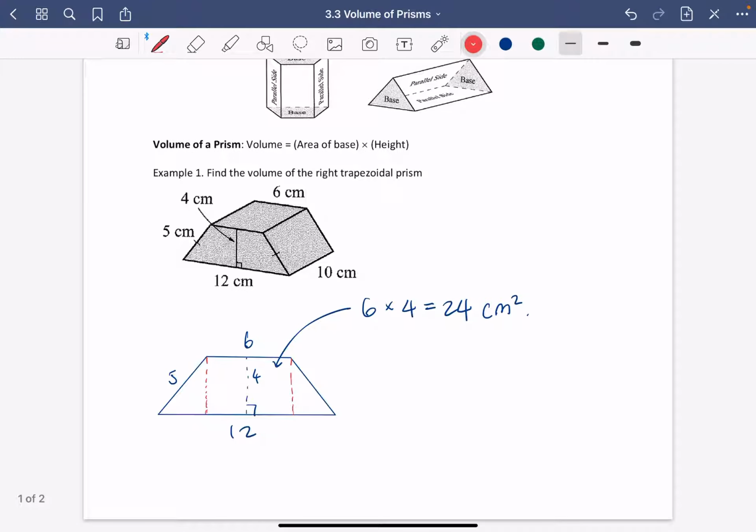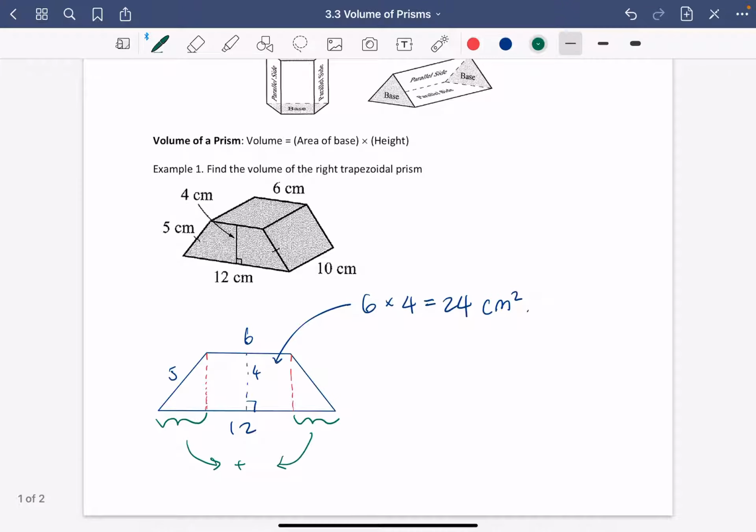So this side plus this side will equal 12 minus 6, which is 6. Okay. So these two sides together give you 6. What does it mean for each side? Both of them are the same, so each side will equal 3.